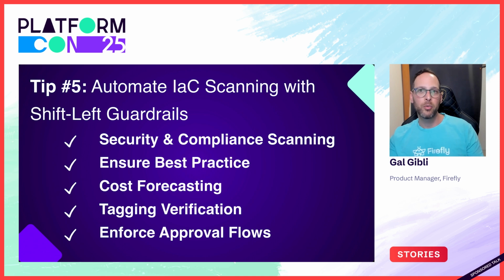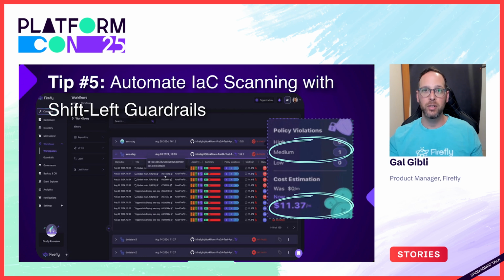If you incorporate checks for security and compliance, you can ensure best practices are implemented. It can provide you with cost forecasting, tagging coverage verification, and approval flows directly in your IaC pipeline. So shift left your guardrails.